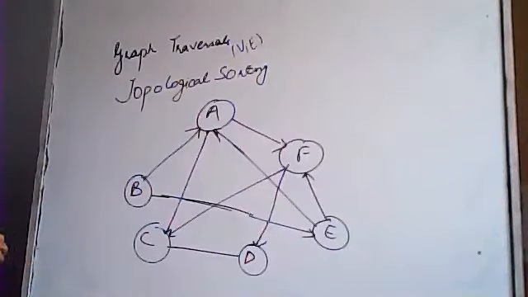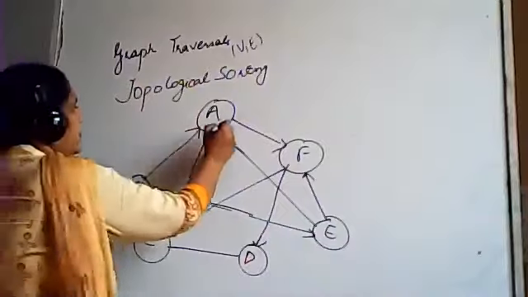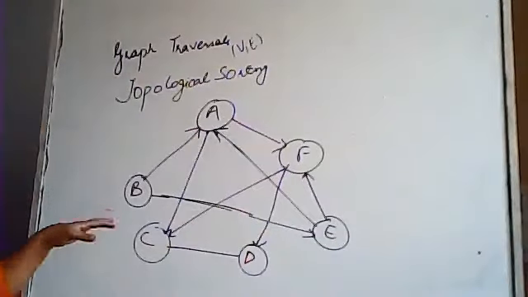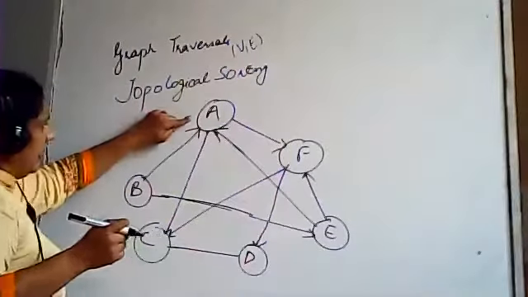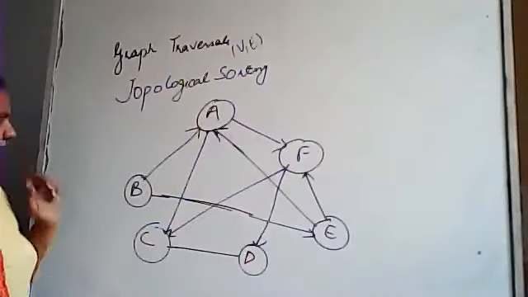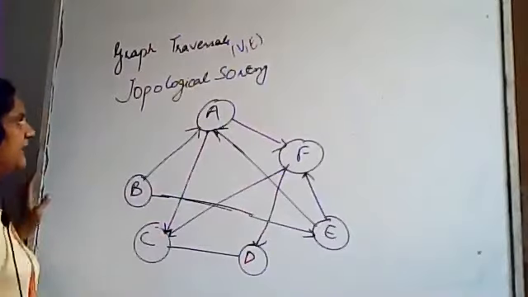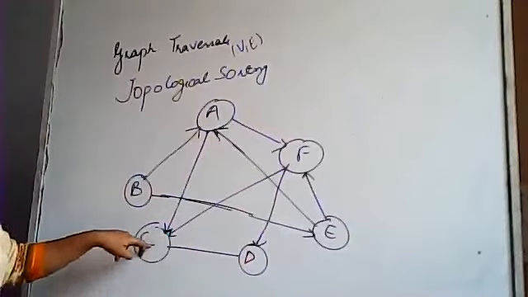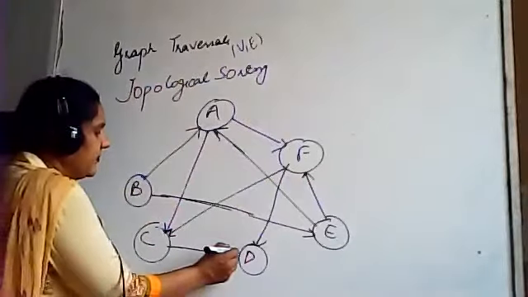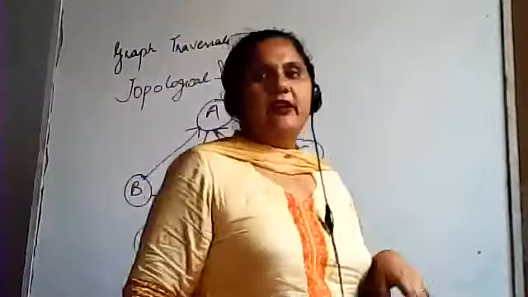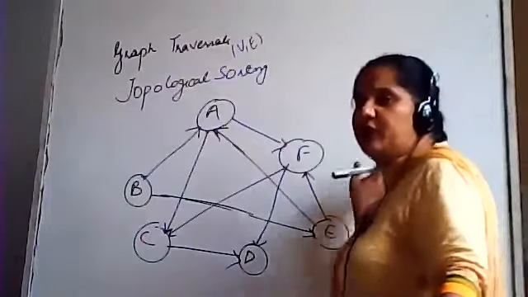Is the graph clear? In topological sorting, we have edges, we have a set of vertices, and it's a directed graph. That is, the edges with directions are drawn between two vertices. Right? So an edge from B is coming to A, then an edge from A is going to C, E to A, A to F, F to D, F to C, and C to D. Okay, so this is your graph.